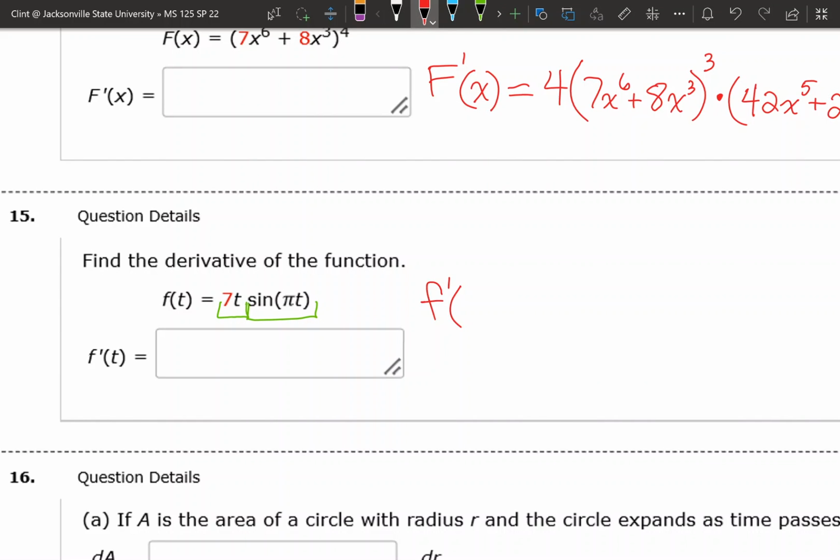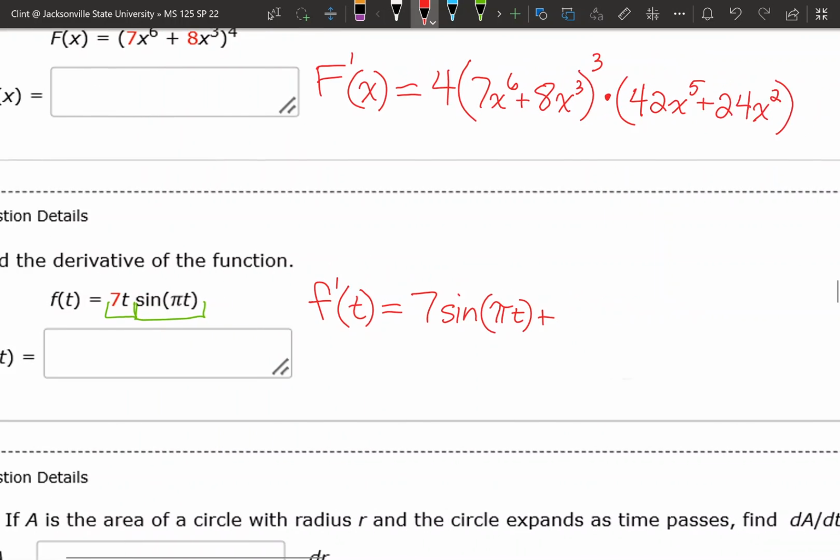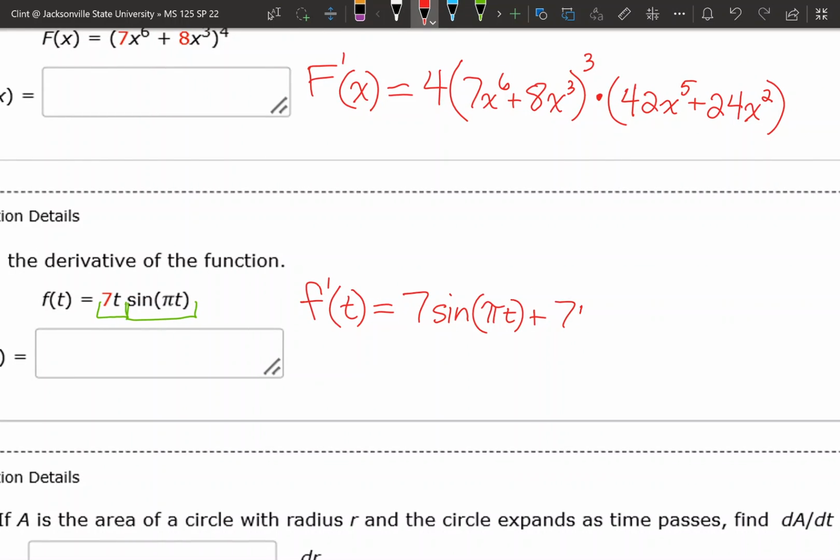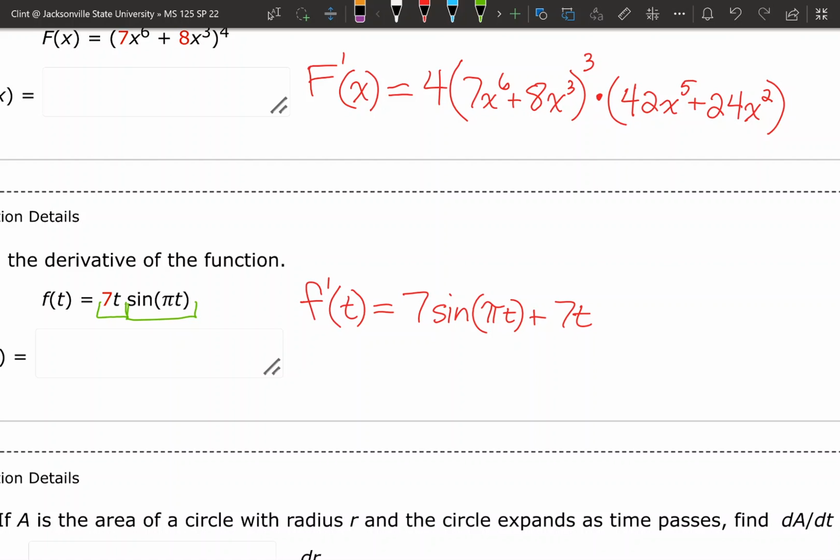So derivative of 70 is just 7 times sine of pi t plus, copy down the 70, and then we need the derivative of sine of pi t. What's the outside part on sine of pi t? Yeah, the sine is the outside part, right?